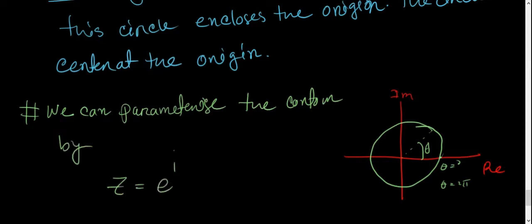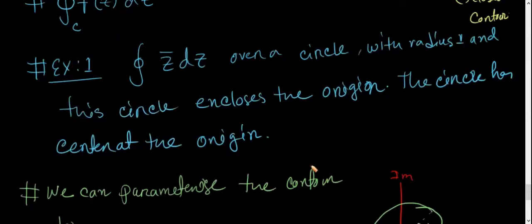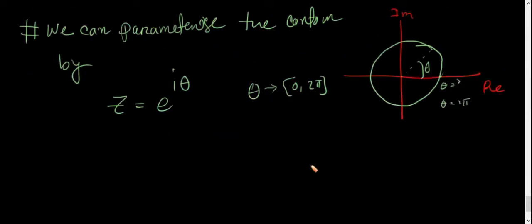So you just have to write e to the power i theta, where theta will go from 0 to 2 pi. Okay, and this is a closed contour. So this is our parameterization choice, in equation 1.